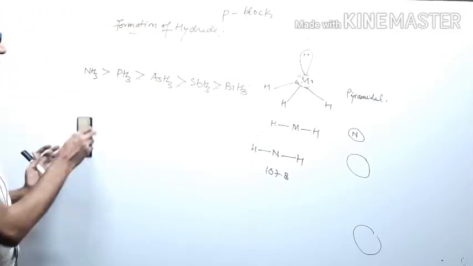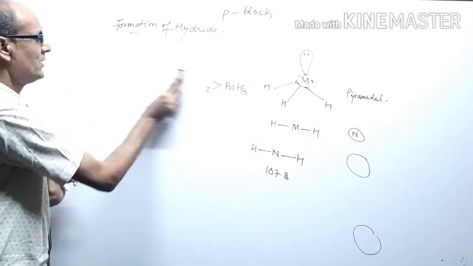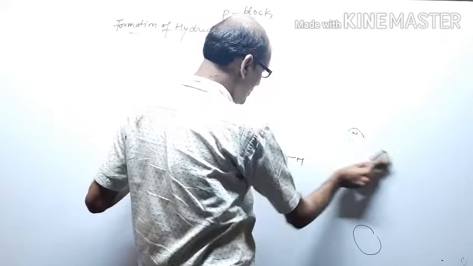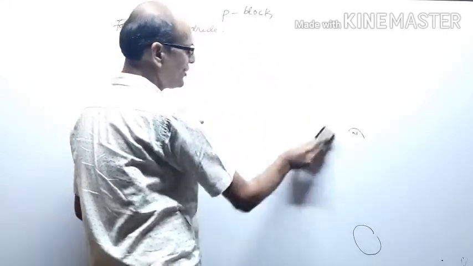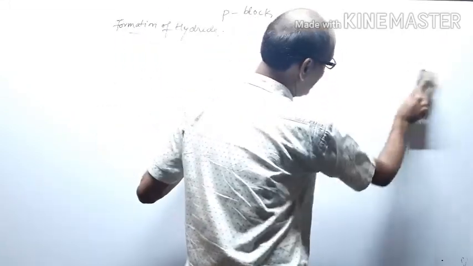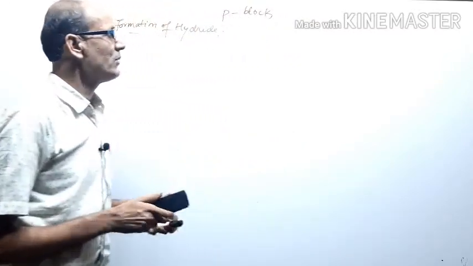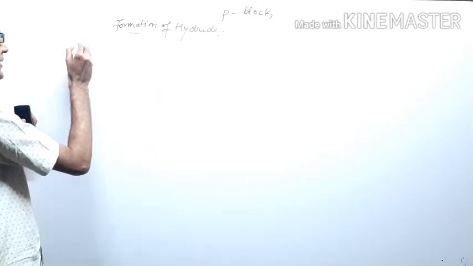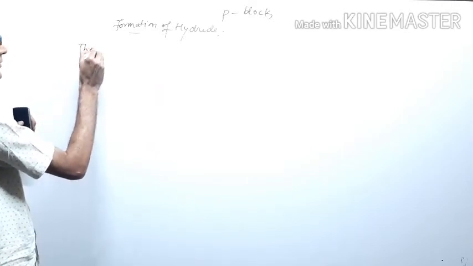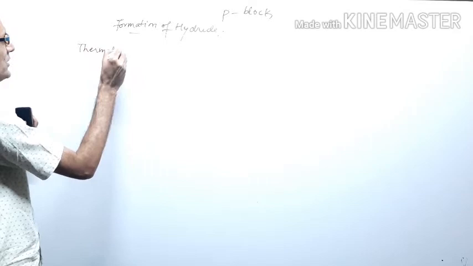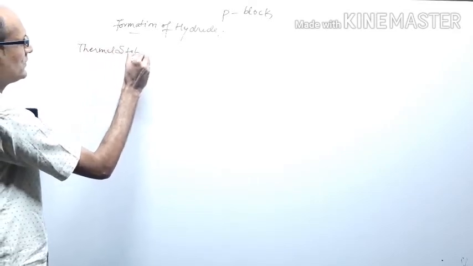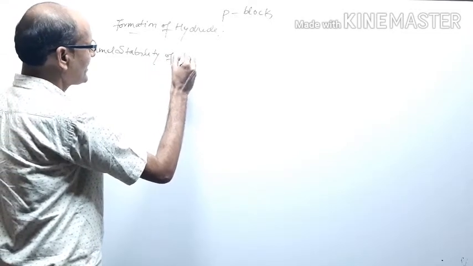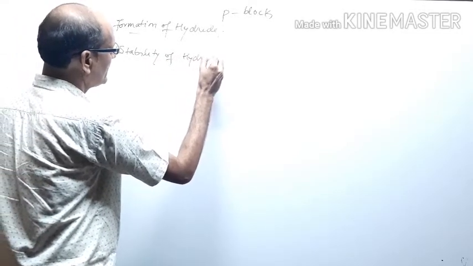Now moving towards the other properties of the hydrides. As we know, these compounds are NH3, PH3, AsH3, SbH3 and BiH3. Which will be the most stable? So the point is thermal stability of hydrides of group 15.